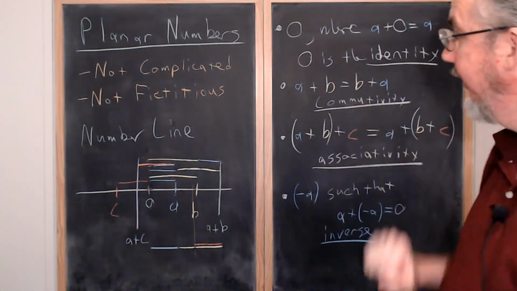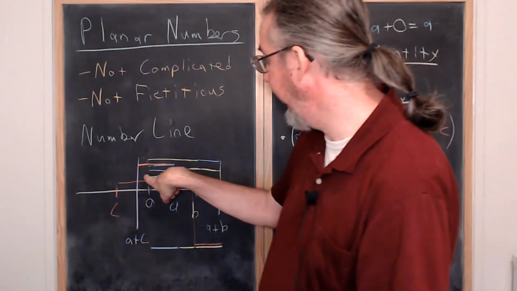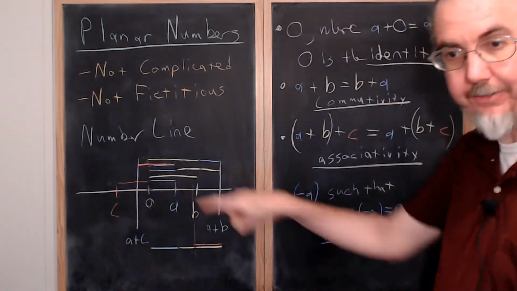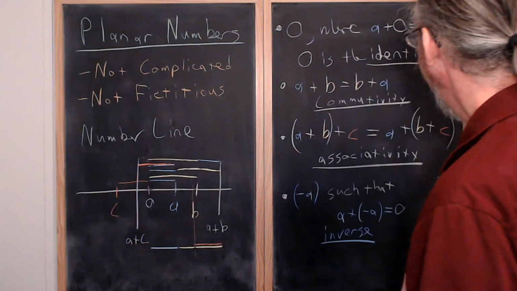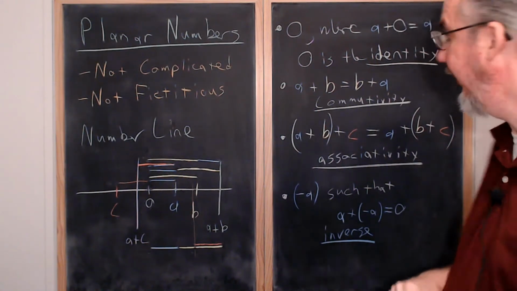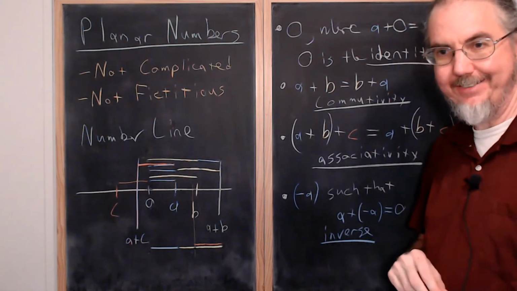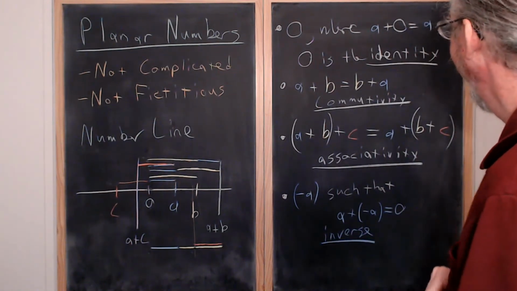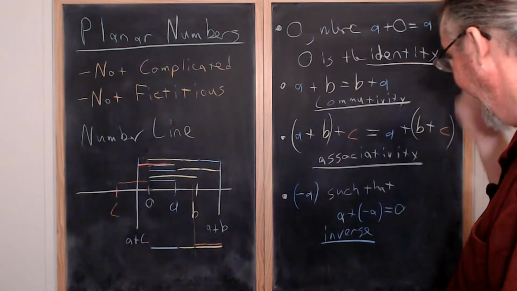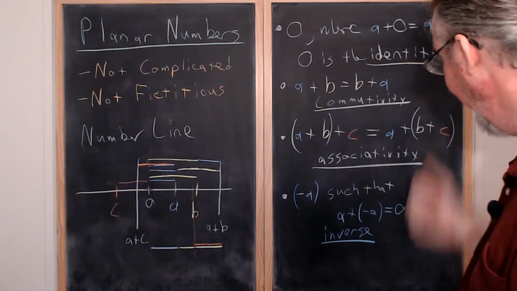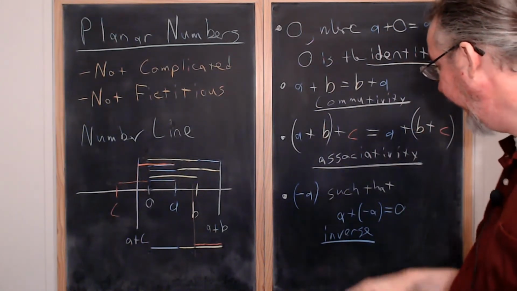So this addition that we have defined, of just sticking these lengths head to tail, one after the other, gives us a relationship between these numbers, these points on the line, that has an identity. The relationship is commutative, it's associative, and in fact we can find an inverse.